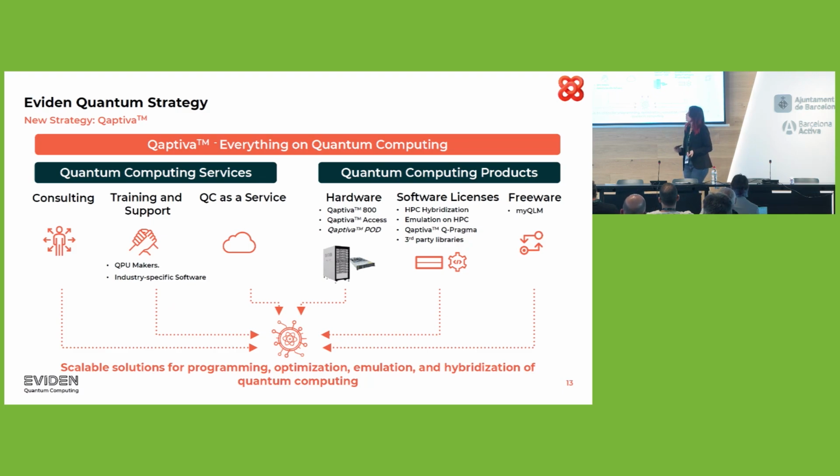This strategy relies on two axes: services and products. In the case of services, we have a consulting team and support for using QPUs through agreements with third parties, and quantum computing as a service, which provides cloud-based emulation services.